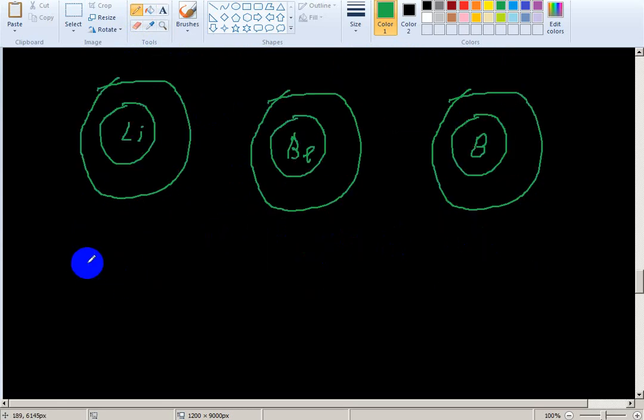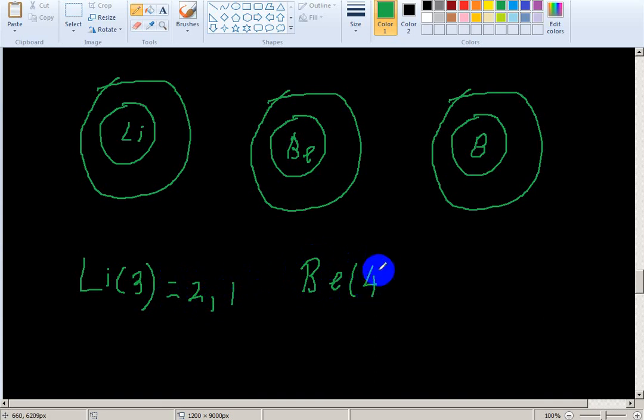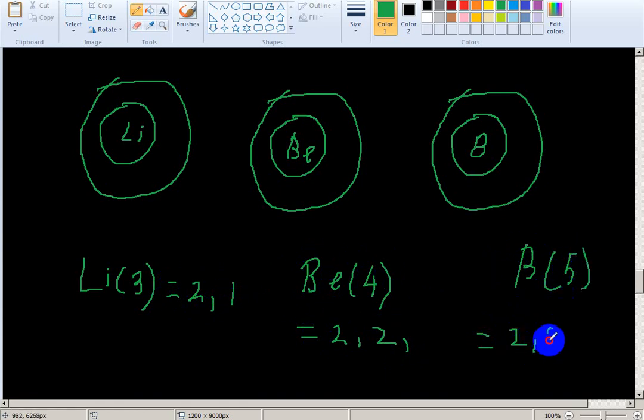We know lithium has 3 electrons, so its electronic configuration is 2 and 1. Beryllium has 4 electrons, so its configuration is 2, 2. And boron has 5 electrons, so it is 2 and 3.